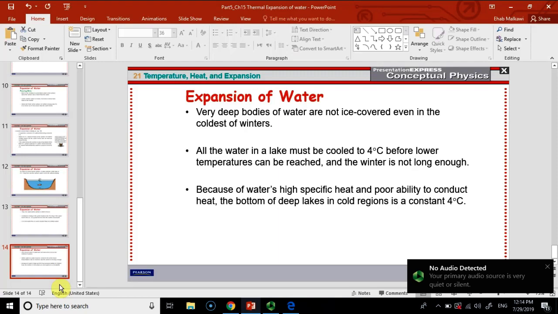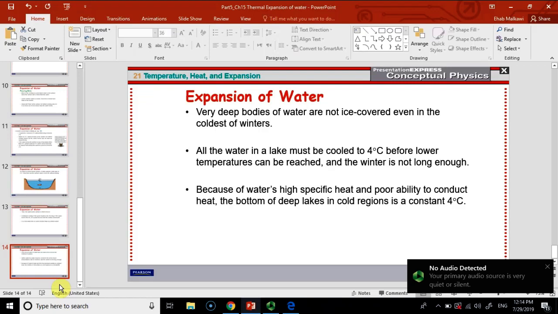Very deep bodies of water are not icy even in the coldest winters, because all the water in a lake must be cooled to 4 degrees Celsius before ice is formed.